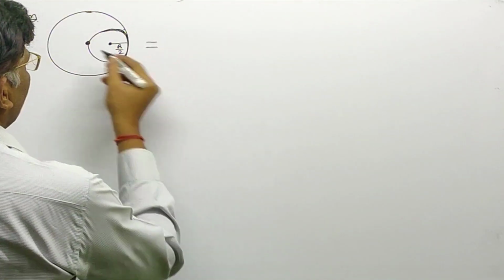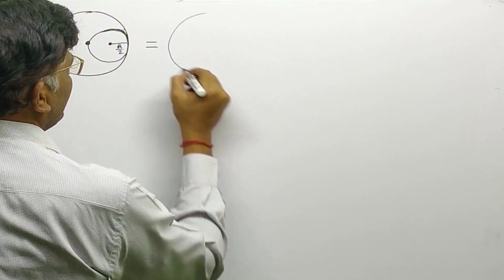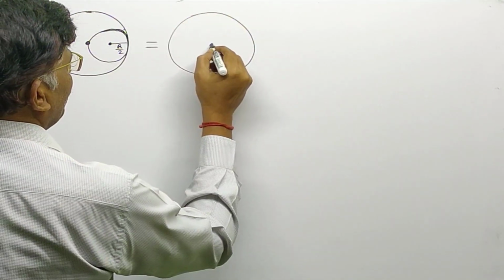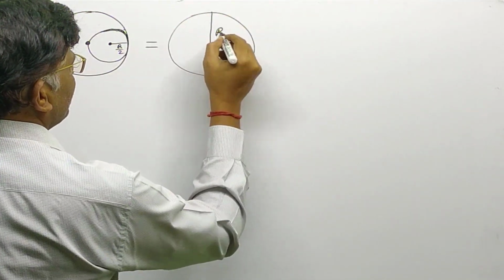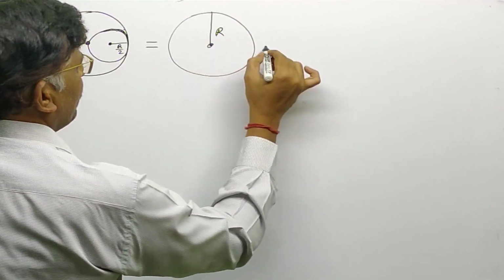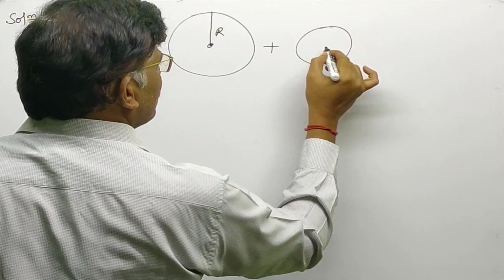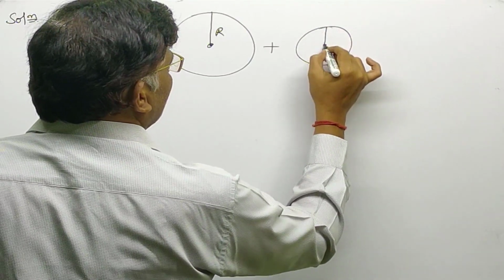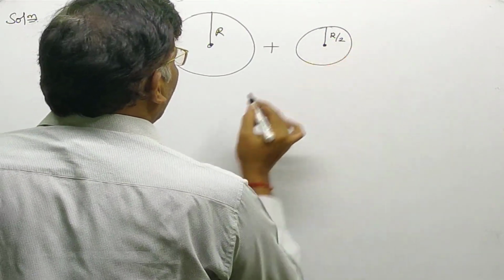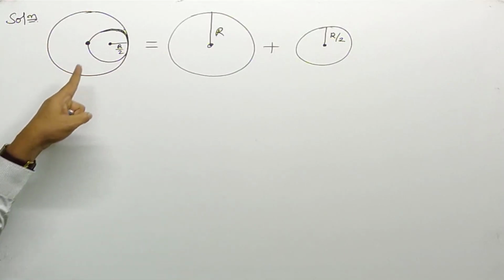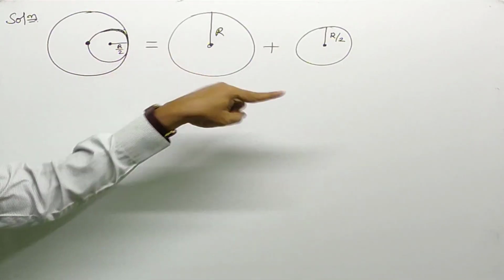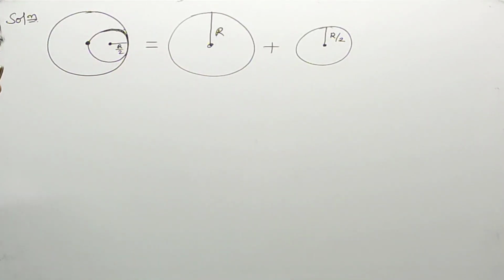So we can assume this as a combination of a solid sphere of radius R, plus a removed portion, which is also a sphere of radius R/2. The given diagram is a combination of two spheres.